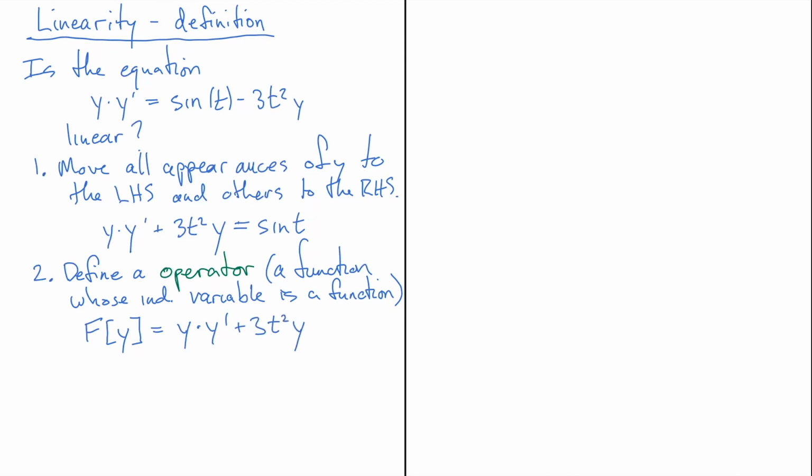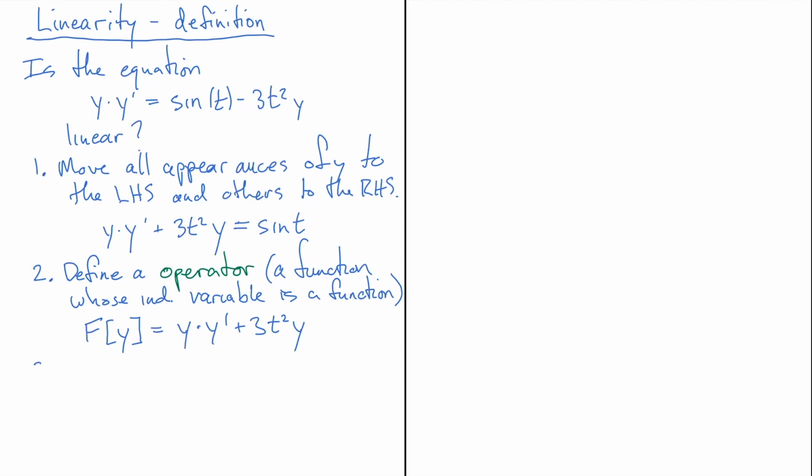What does that mean? What's the function that I get out? If I plug in the function y of t, out comes the function that is made up of a product of y, the function itself, with its own derivative, and then add to that 3t squared multiplied by y itself again. And that is what I'm going to call the operator, which takes the function y and spits out a more complicated function, which is given by this expression.